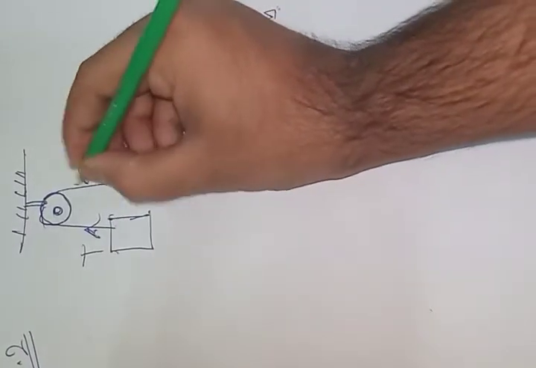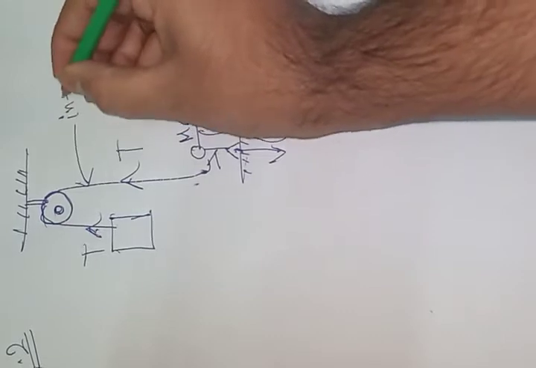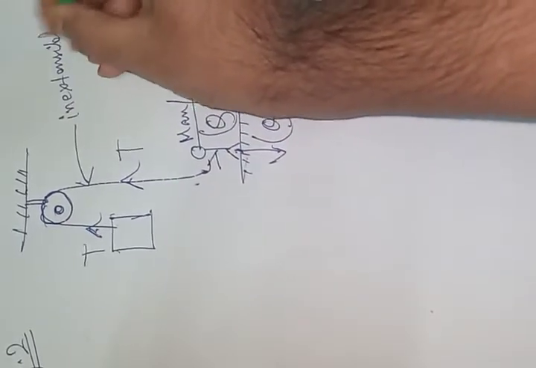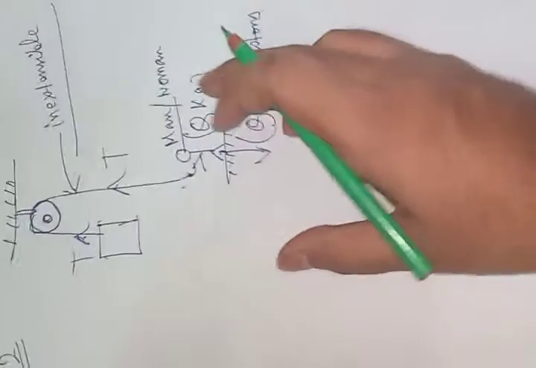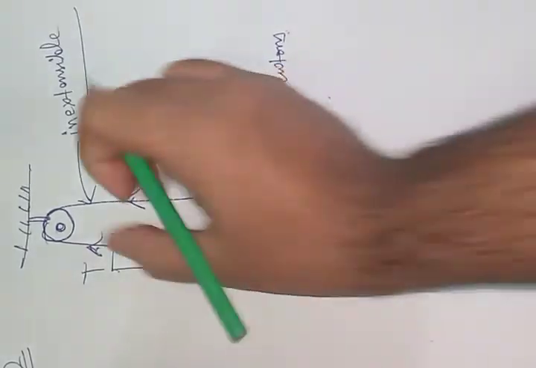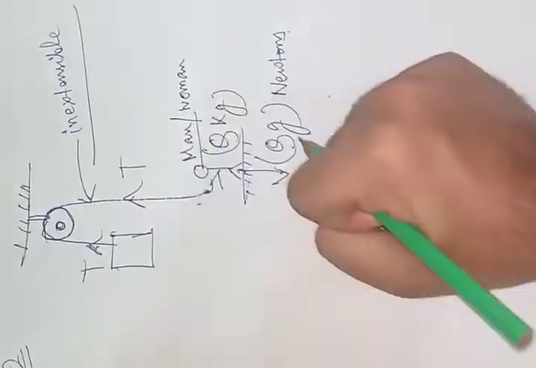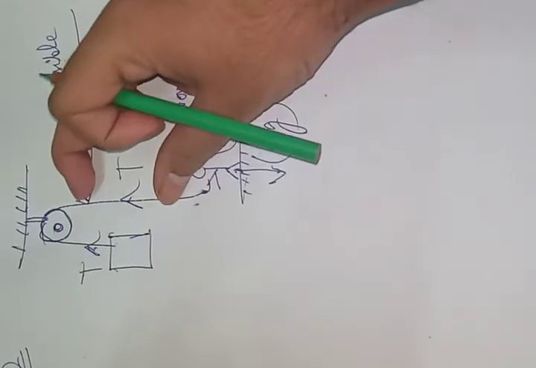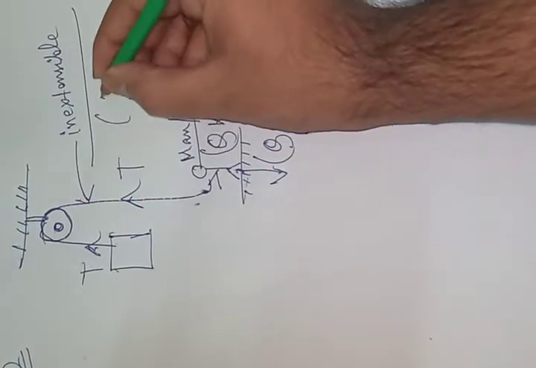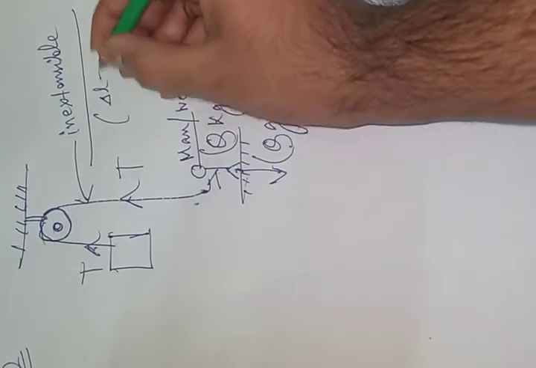Again guys, this string is inextensible. Why am I taking this particular question? Because this man is pulling this string downwards, but the string does not change its length. Inextensible means the length change is 0.